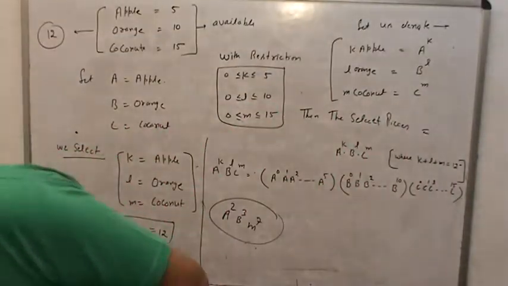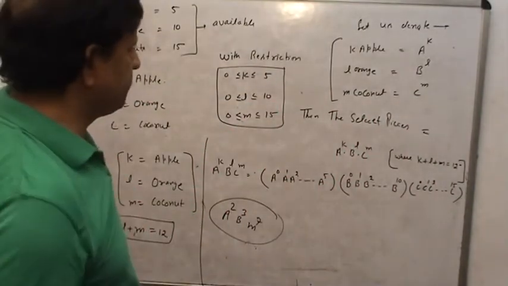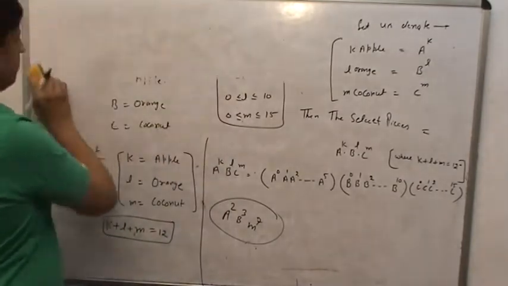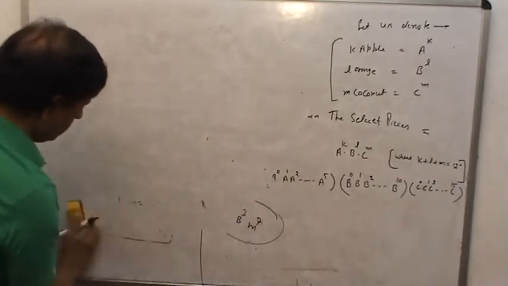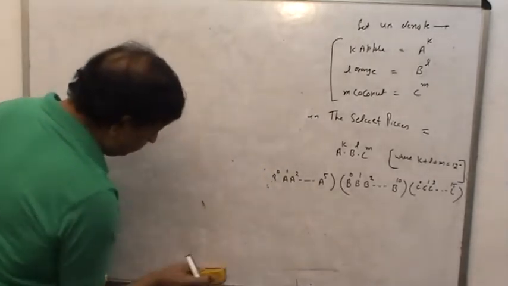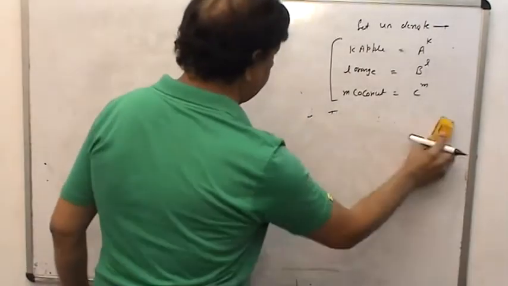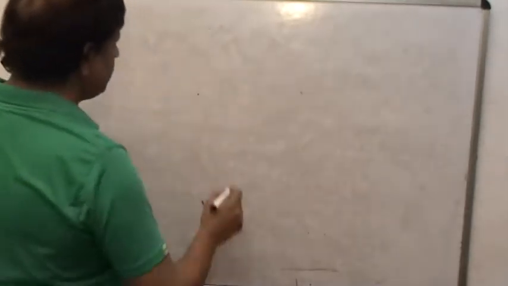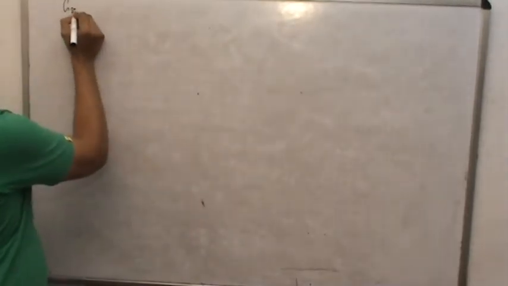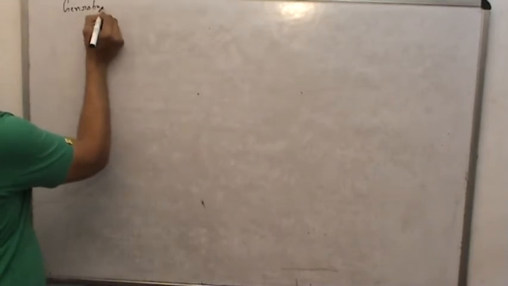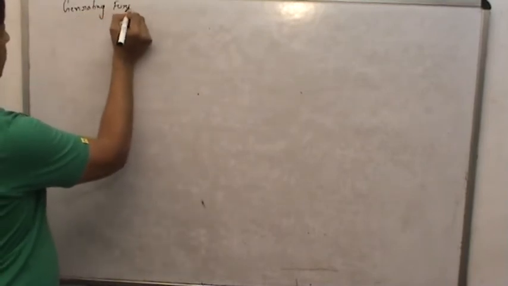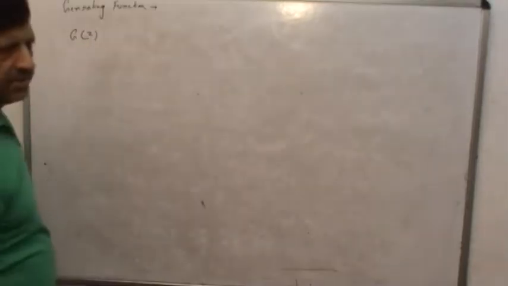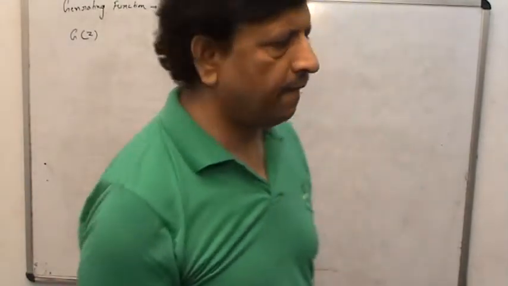That's for the general example. Now, let us see how the generating function behaves in the recurrence relations. So, we represent a generating function as G(z), z is any variable.